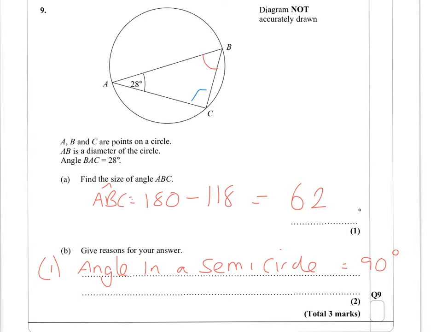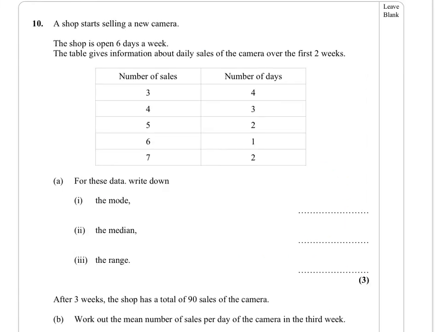That gives me one of the marks. And the second mark is angles in a triangle equal 180 degrees. So all I'm doing is just saying the rules that I used to get the answer above. Nice one.